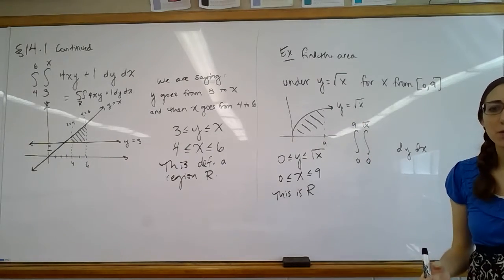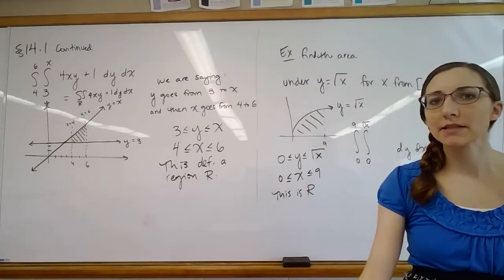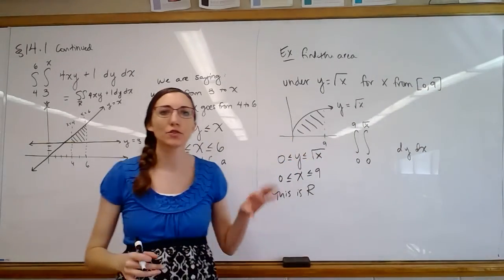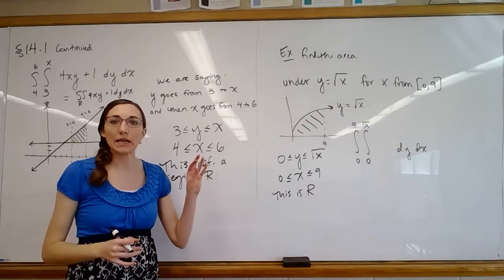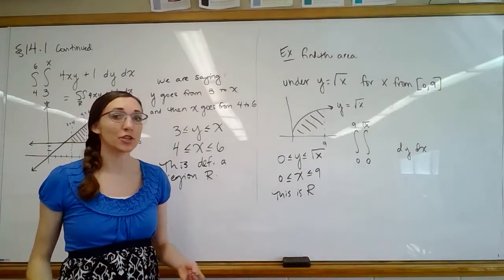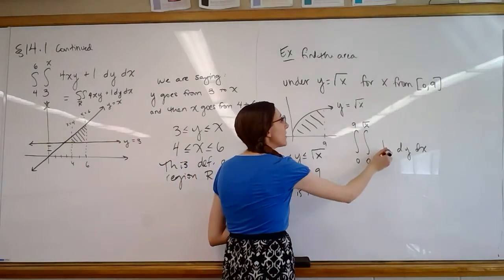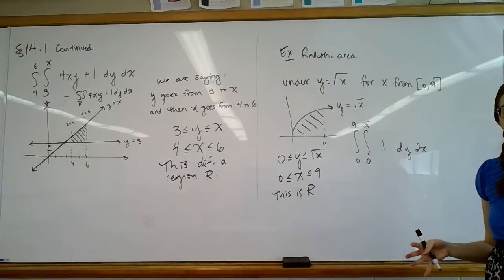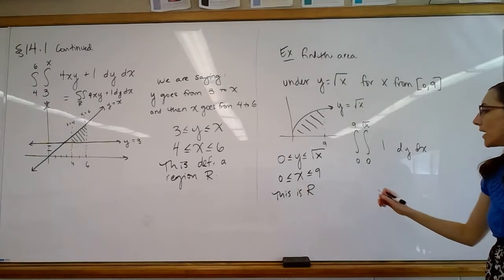Now there's a question of, what goes on the inside of this? It turns out if all we're looking for is the area of a two-dimensional region, then what we're going to put inside is just a 1. So we're just going to integrate 1 with respect to these bounds. And we can kind of see why this works.